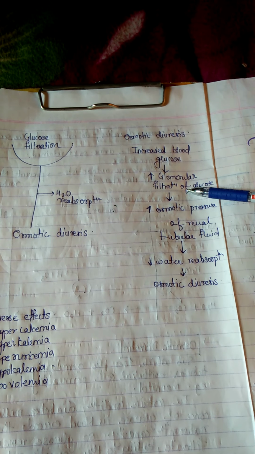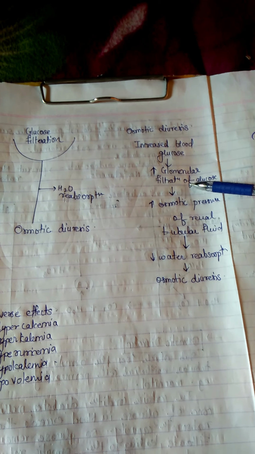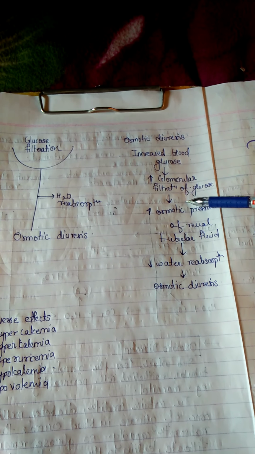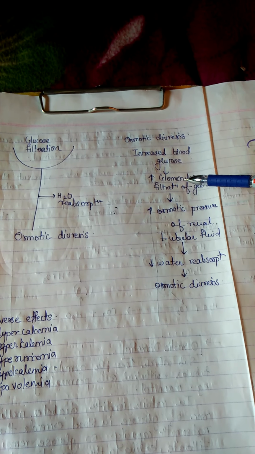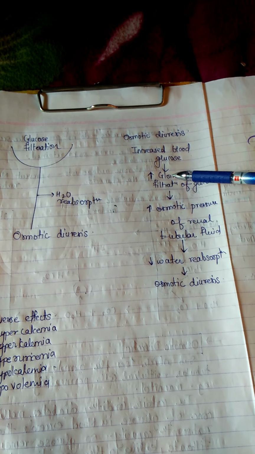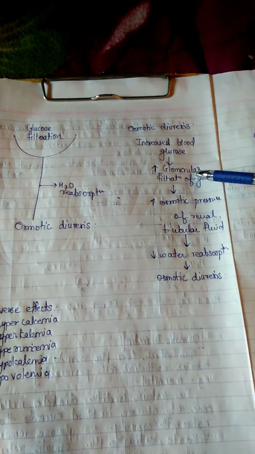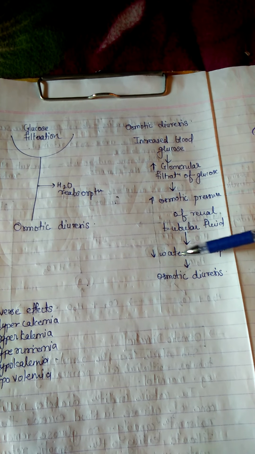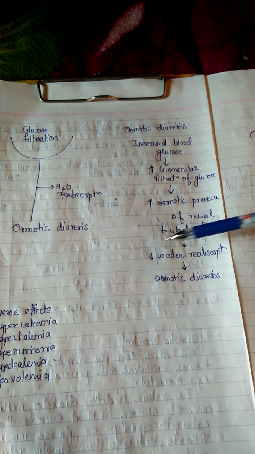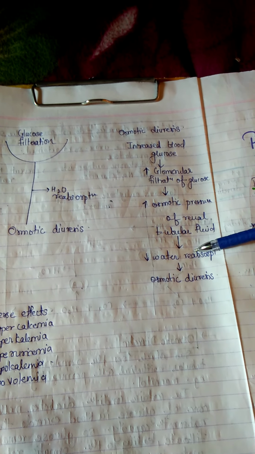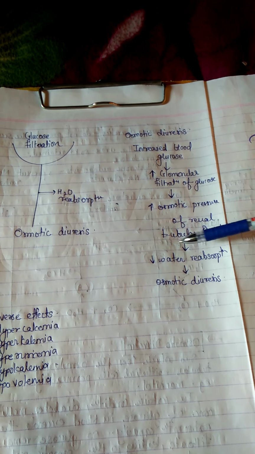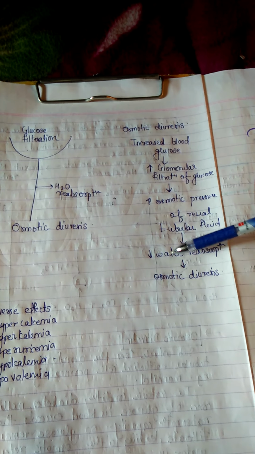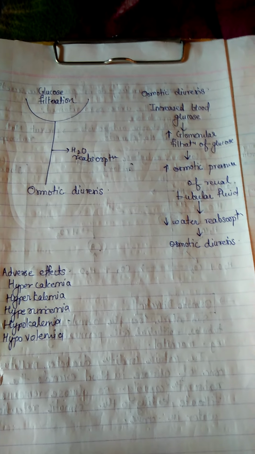So glomerular filtration of glucose increases, and osmotic pressure of renal tubular fluid increases, because the volume of urine increases, so the pressure on the renal tubular fluid also increases, so the water reabsorption decreases. If the water reabsorption decreases, the water level in the blood decreases, blood pressure decreases. Okay, and osmotic diuresis takes place.